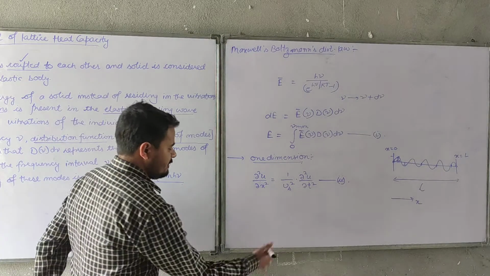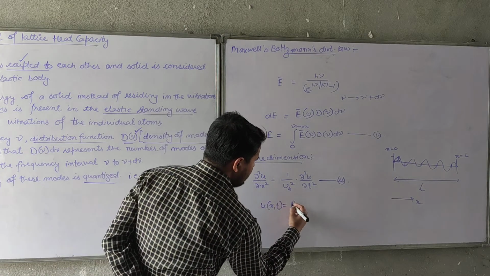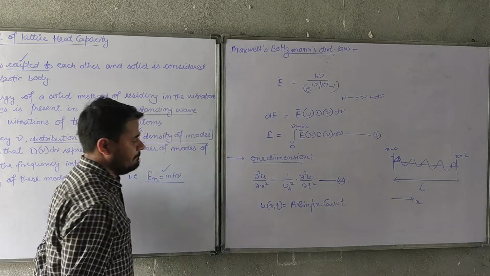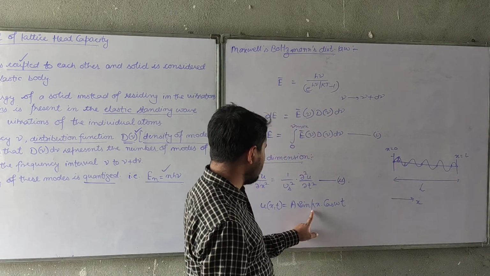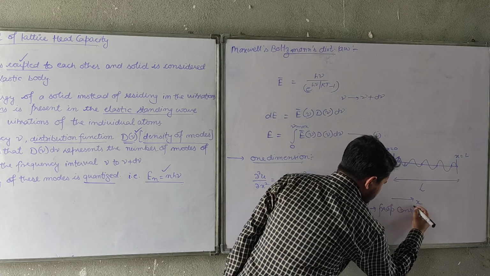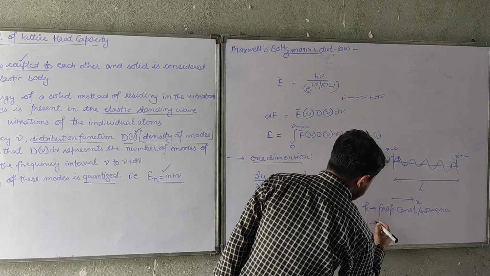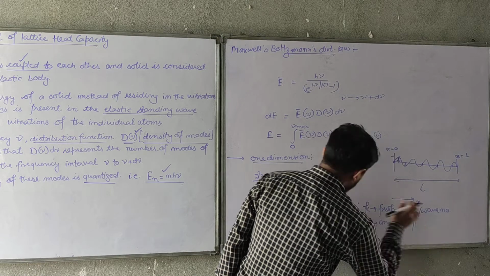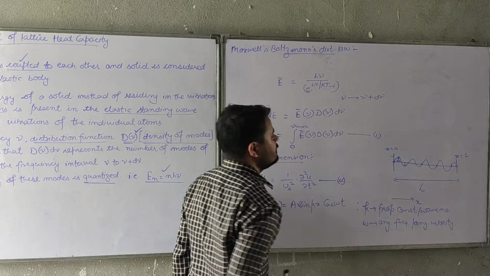The solution of this kind of equation, as we know, is u of x comma t equals capital A sine of kx into cos of omega t, where capital A is the maximum displacement of the wave, k is the propagation constant or wave number, and omega is the angular frequency, or sometimes we call it the angular velocity of this wave vibration.